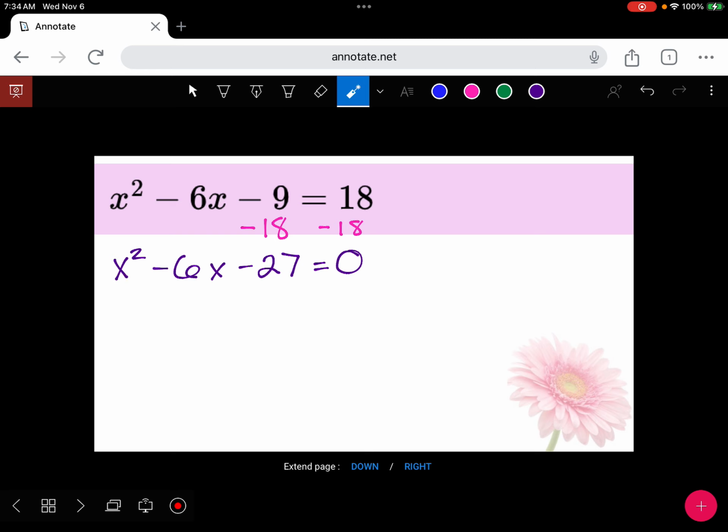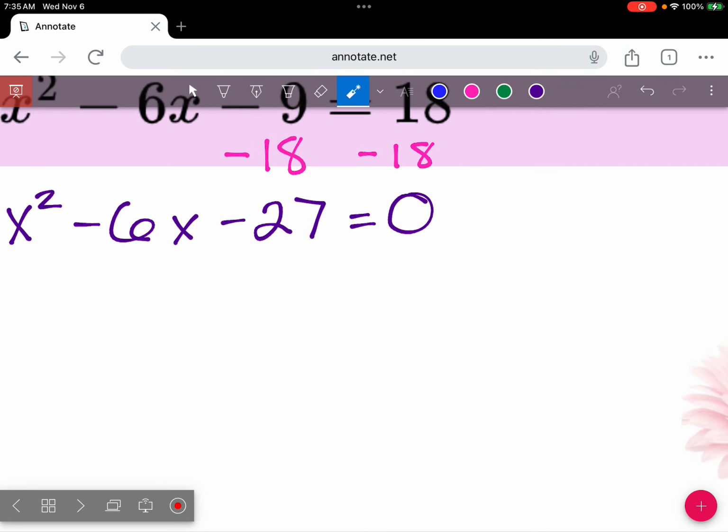So I do not have a greatest common factor. Most of the time, if I have an x squared, there's not going to be a GCF if there's no number in front of it. I'm not going to guarantee it, but most of the time. If there's no GCF, can we skip that step? Yep. Just head straight into it.